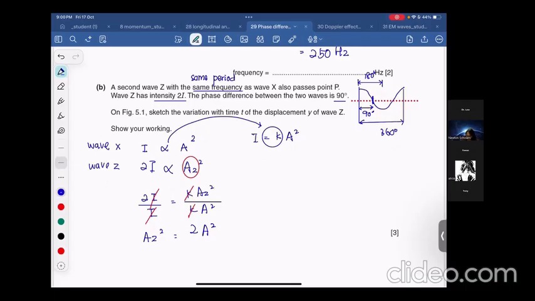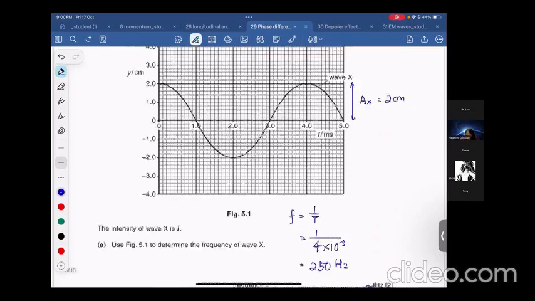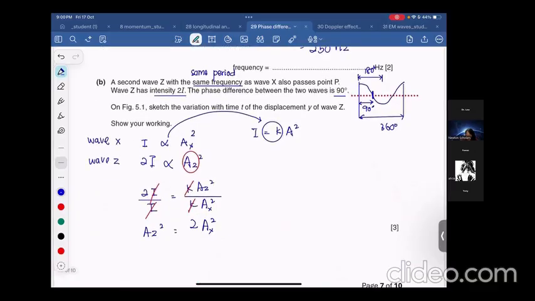What is your amplitude for your x? So this is your amplitude for your x, which is 2 cm. I want to know how many cm for my new wave. So here, 2 squared.